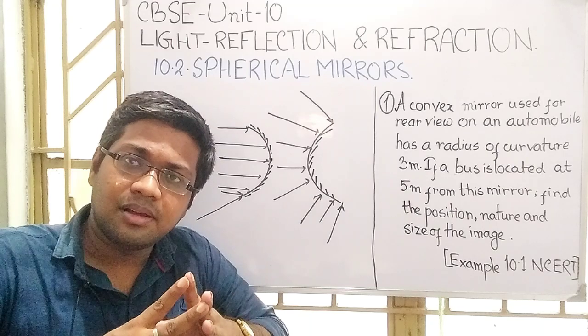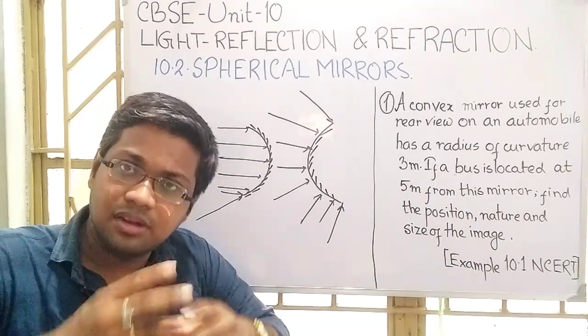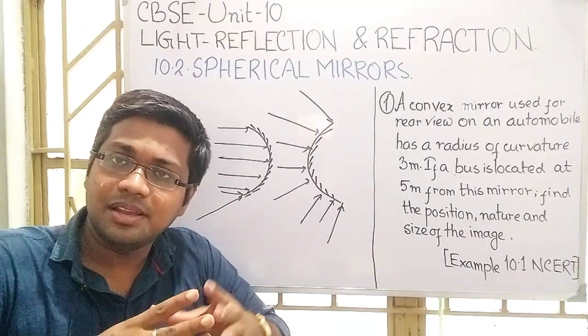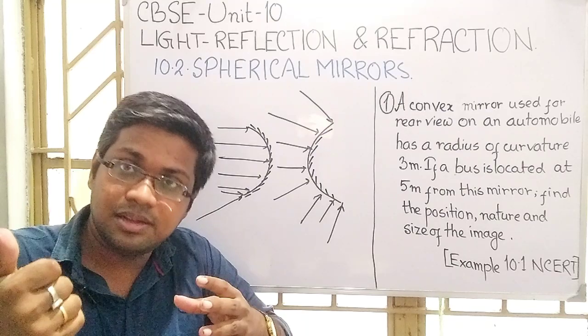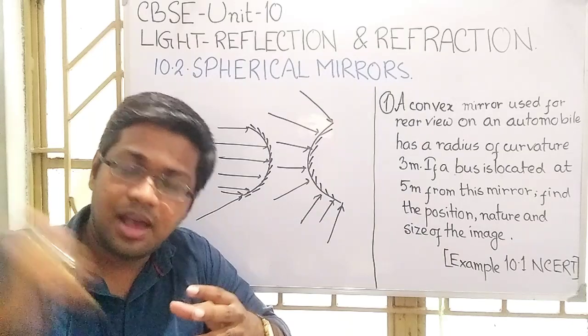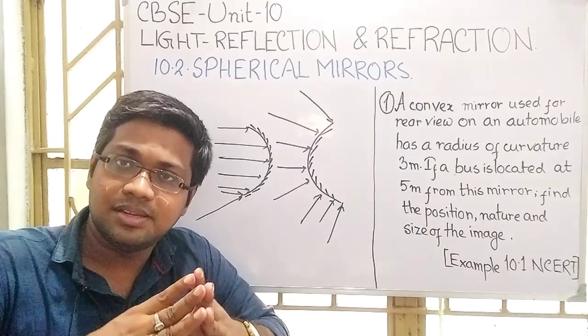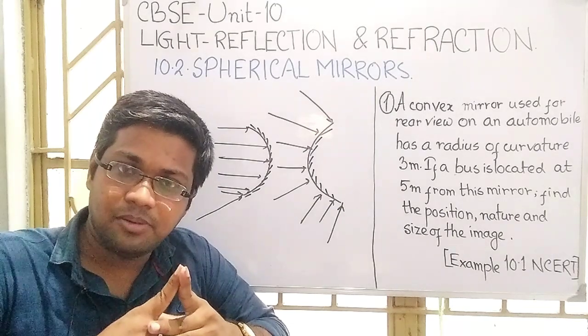Basically, when a driver just learns driving, he has to understand by seeing the rear view mirror where the traffic behind him is located. Now just think of one thing.